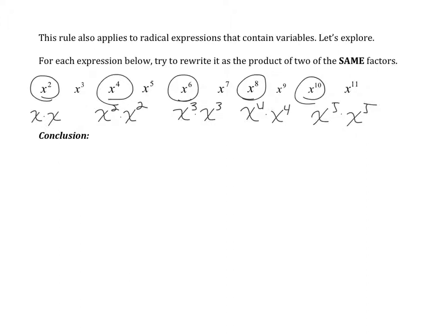So we could conclude here that anything with an even exponent could be considered a perfect square, right? So my conclusion here is variables with even exponents are perfect squares.